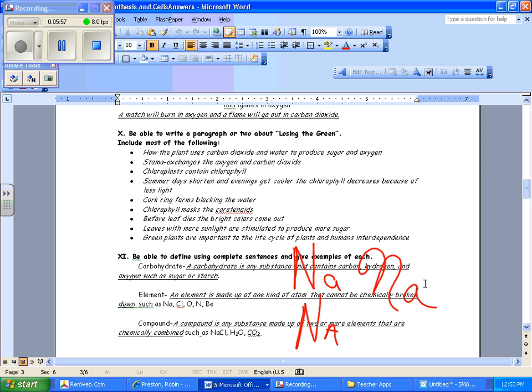Now, as far as the paragraph is going, you don't have to write an essay, but when I ask you to give me something about losing the green, how photosynthesis is important to humans, why it's important, how does it play out, I can't imagine you writing that without telling me about the stoma, or the summer day shortening, the cork ring.